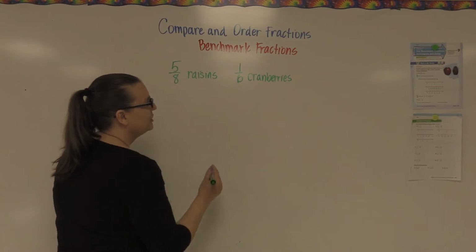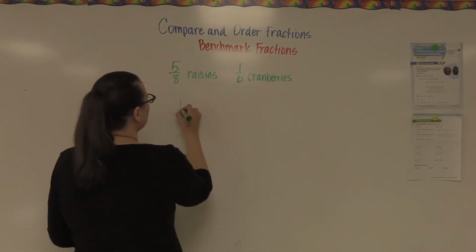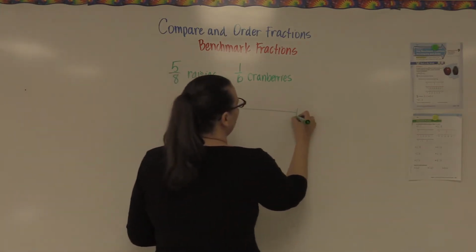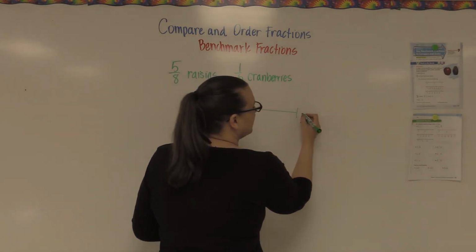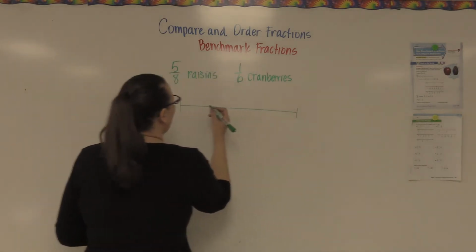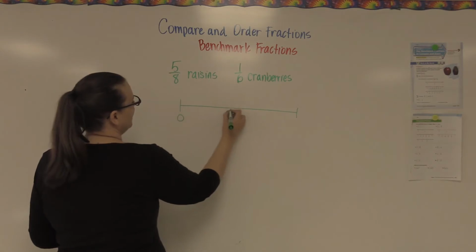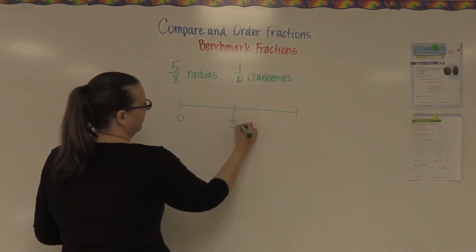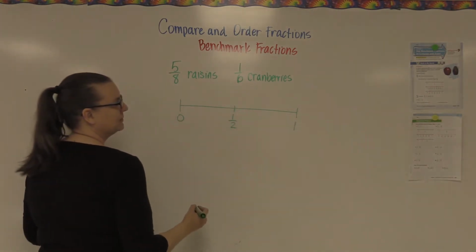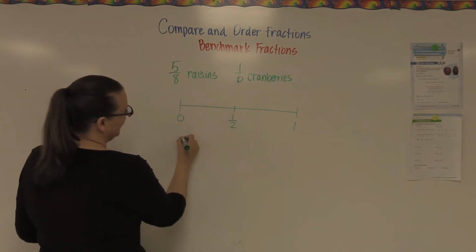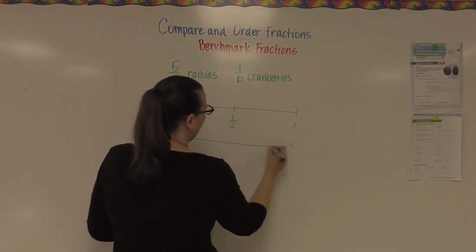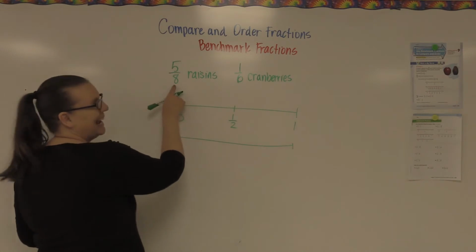What you can do is you can set up a number line, okay? So your number line is going to be the same size. So we're going to use 1/2 to help us. So we're going to start with 0. This is 1/2, and this is 1/2, okay? We're going to use that same line, the same length of line, and this time we're going to split it up into 8s, okay?